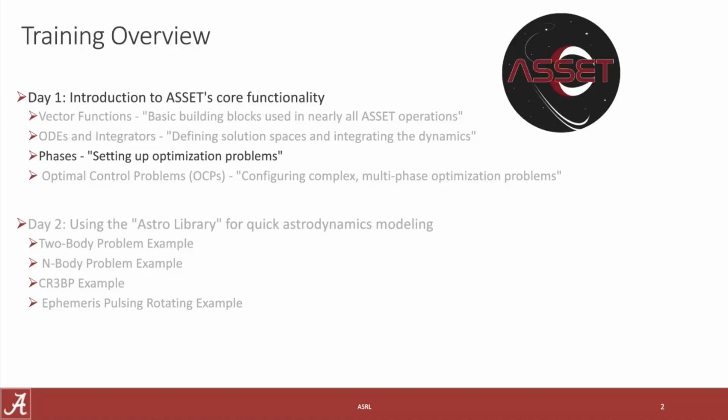We could add control laws if our solution space was a controlled problem. But then we also introduced phases, which is how we interface with asset's optimal control library and are able to form optimization problems and utilize this SciOpt custom written optimizer that leverages these analytical derivatives that we've gone to lengths in yesterday's sessions to get set up and let asset derive.